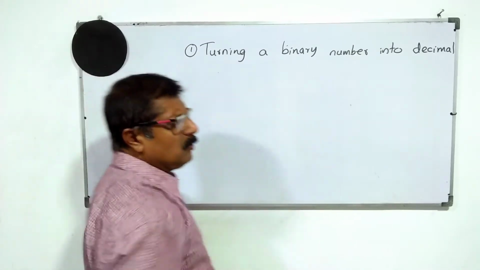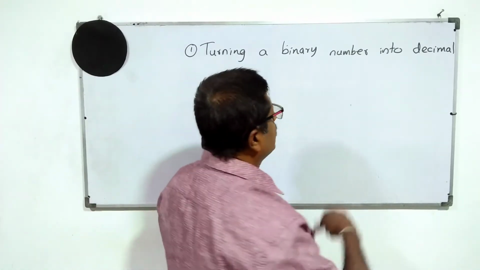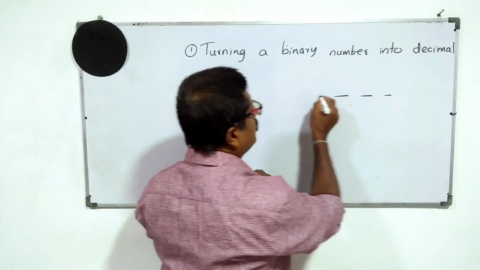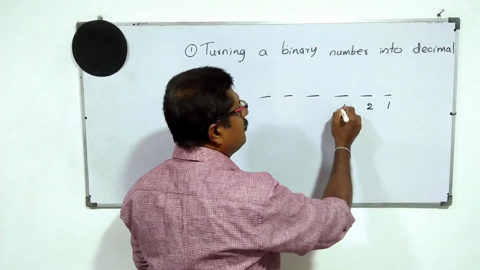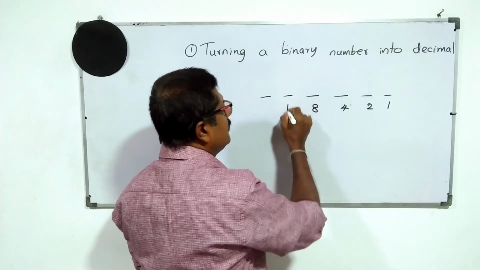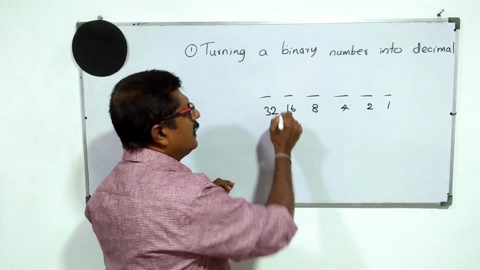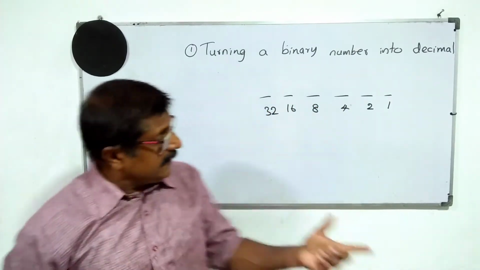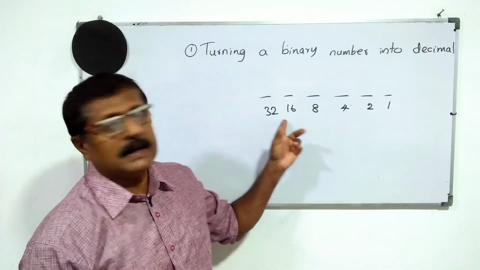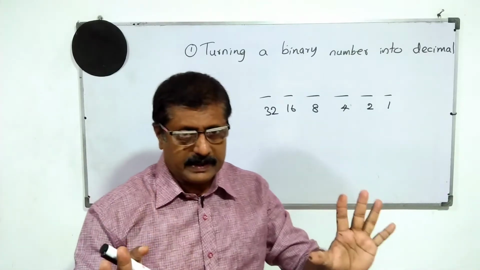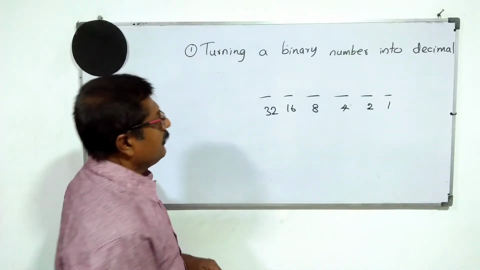Right. Now, my dear children, now you know the place values. 1, 2, 3, 4, 5, 6, like this. These are ones, these are twos, 4, 8, 16, 32, like this. We can write the value of each place as a decimal number. Now, these are in decimals, our ordinary usual numbers, right?